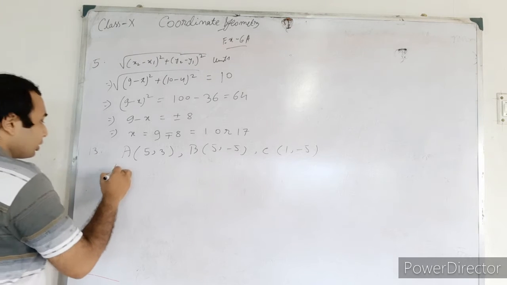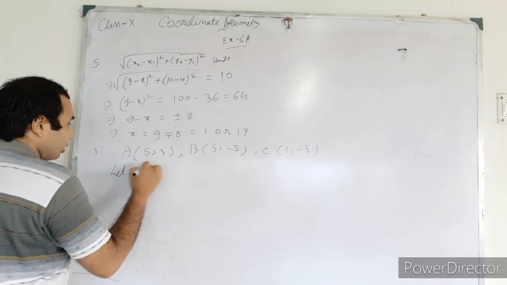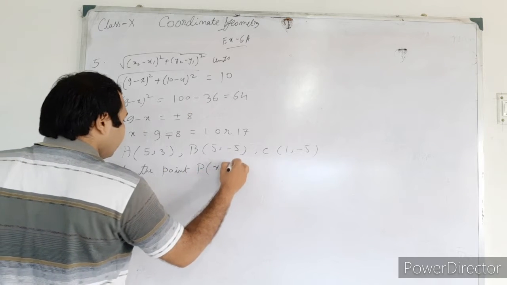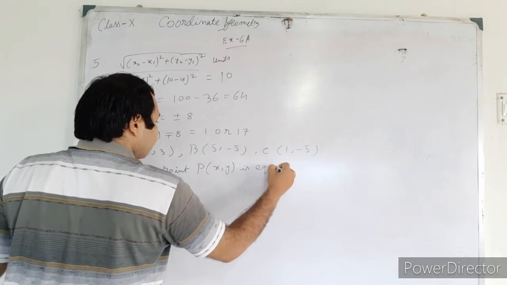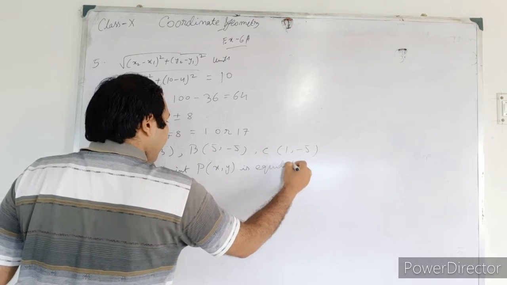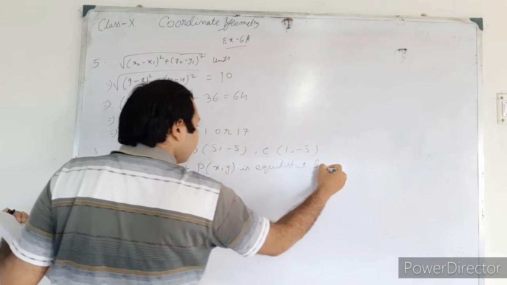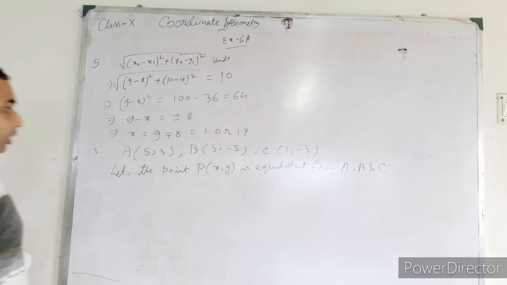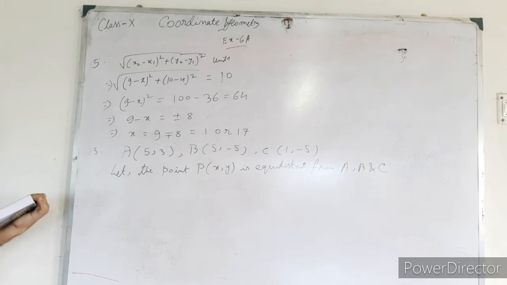So let the point P(x, y) be equidistant from A, B and C. We have to form the equations at first and then solve the result.